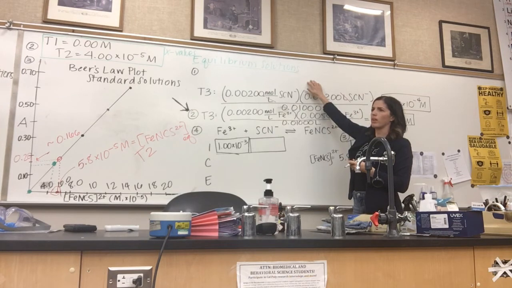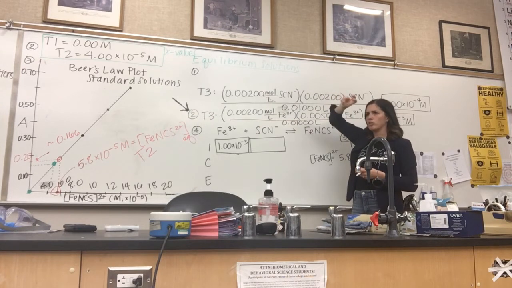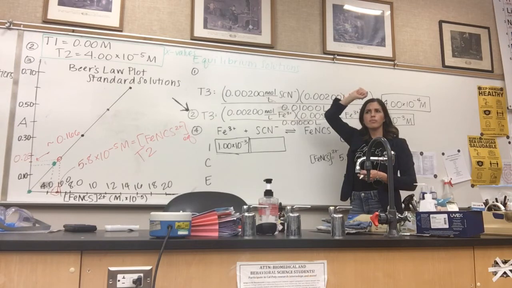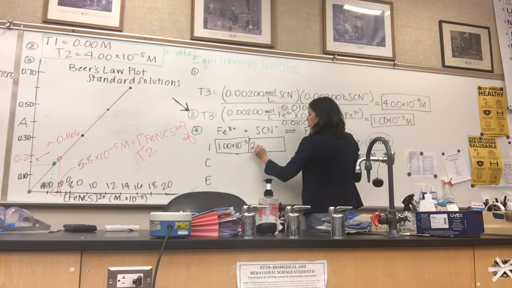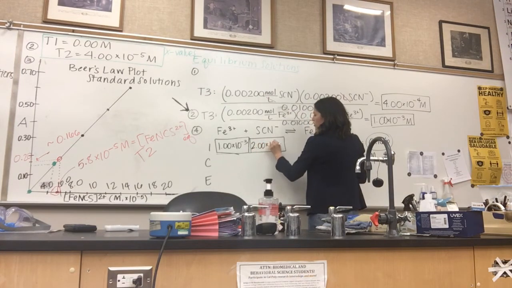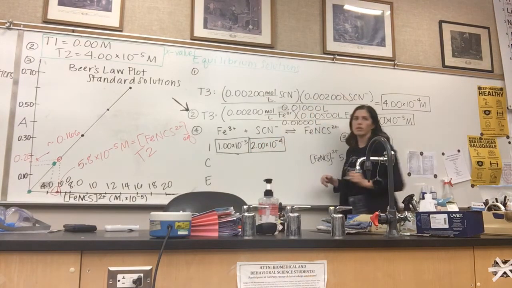I think it was number 1, right? Number 1 under equilibrium solutions. Is that right? Okay, what did you guys get for the second solution, T2? 2.00 times 10 to the negative 4. Does that look right?